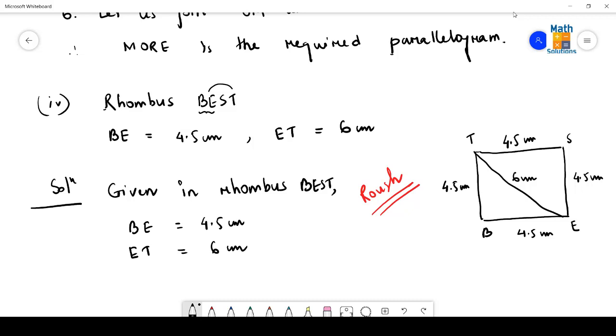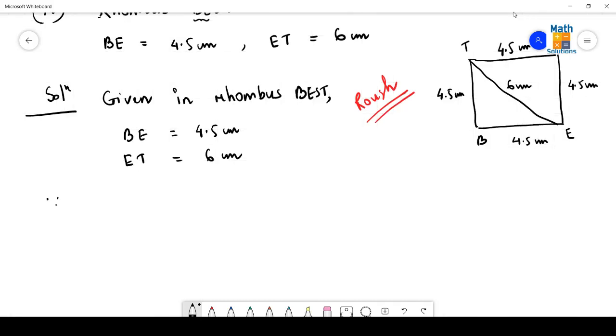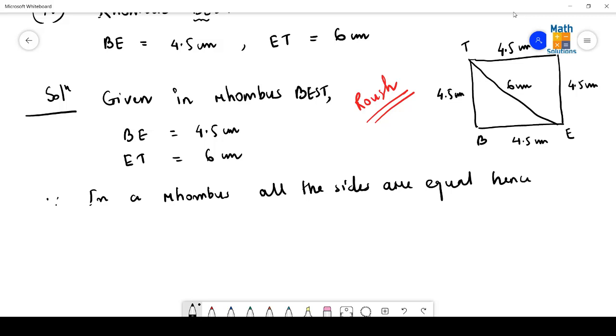So after this again I am going to write, since in a rhombus all the sides are equal, hence we shall be writing BE is equal to ES is equal to ST is equal to TB is equal to 4.5 cm, because these measurements will be required for verification.